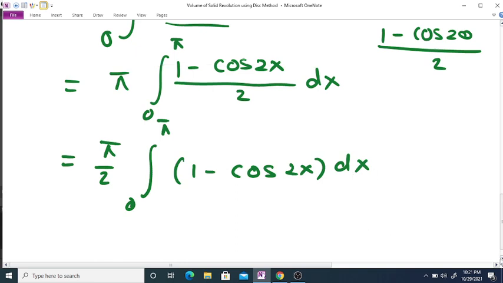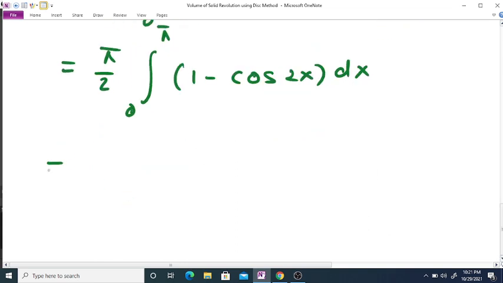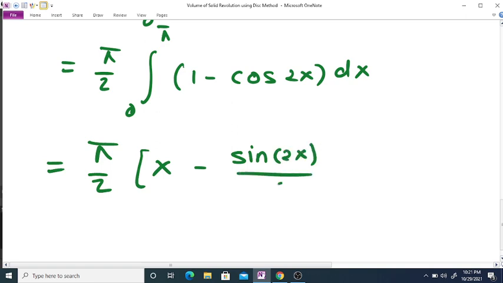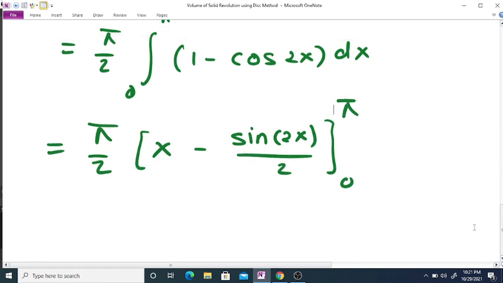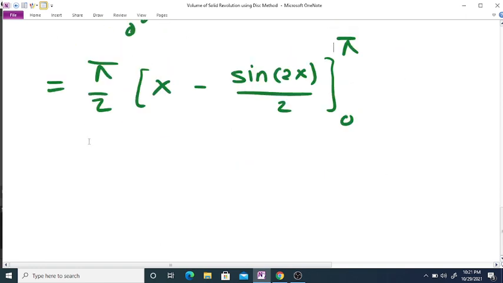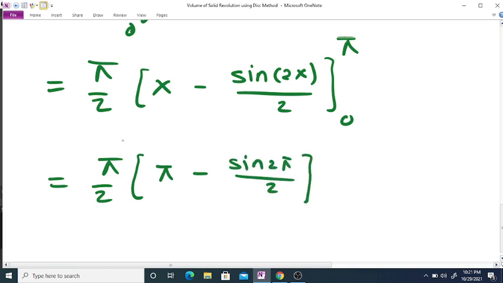Now the integration of 1 is x, and the integration of cos twice x is sin twice x divided by 2, from limit 0 to pi. Now if you put the upper limit, then it is equal to pi by 2 times pi minus sin twice pi divided by 2, minus, if you put x is equal to 0 here, then sin 0 is 0 divided by 2.